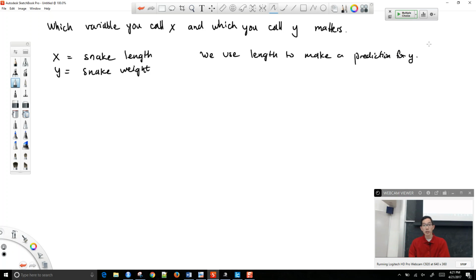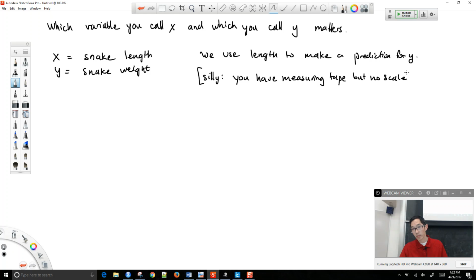The silly scenario would be you have a measuring tape but no scale. And so maybe you create y hat equal to a plus b times x.